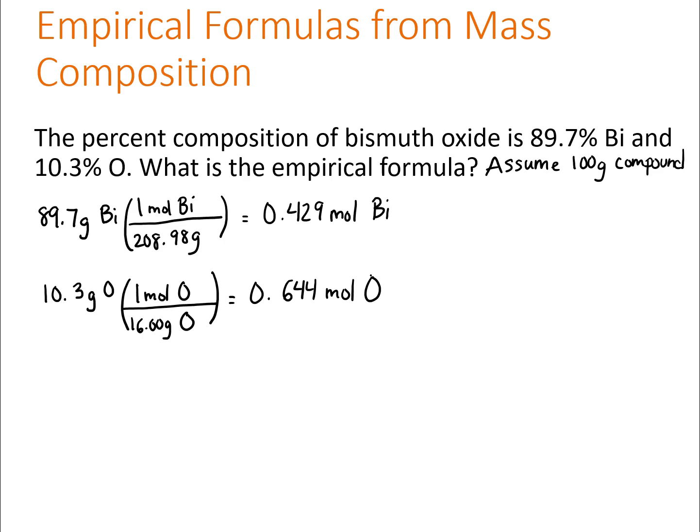So the first step is always to convert your grams to moles. And that's what we did for the bismuth and for the oxygen.